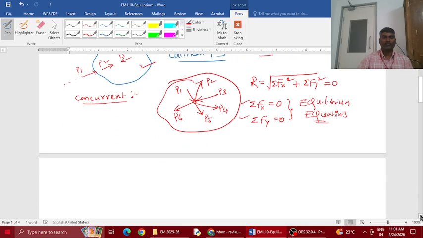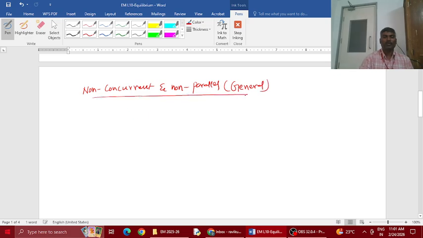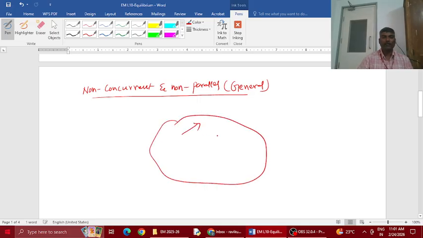Going for the next force system, which is a non-concurrent and non-parallel force system. It's a general force system. Consider a body with forces which are not parallel and do not pass through a single point.